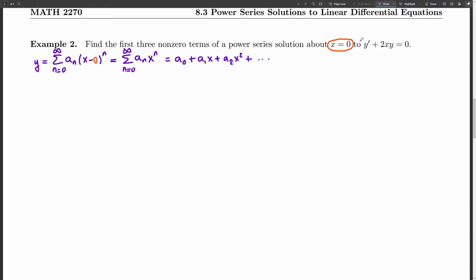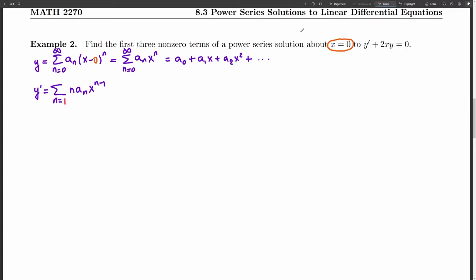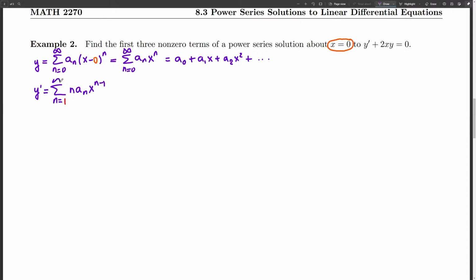Now, we also need y prime, and we have a rule for that. We can find the derivative by finding the derivative of each of these terms here. And so the n moves to the front. So that's n times a sub n times x to the power n minus 1. And now the important thing is to realize that we start at 1, and then we still go to infinity.